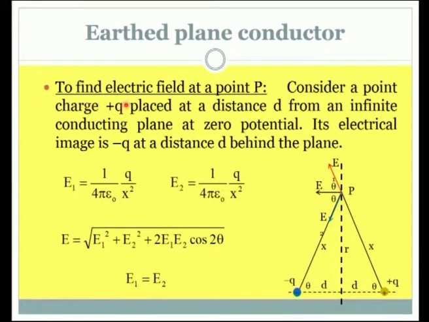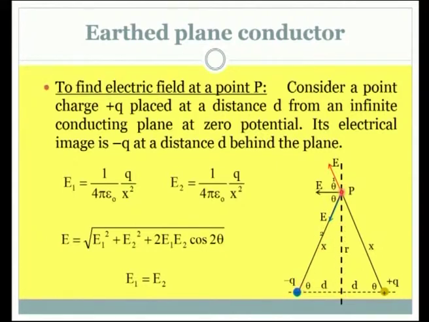Consider a charge plus q placed at a distance d from the infinite conducting plane at 0 potential. Its electrical image is minus q at a distance d behind the plane. We can find the electric field at the point P due to the positive charge, and due to the negative charge which is the electrical image of the earthed infinite sheet.